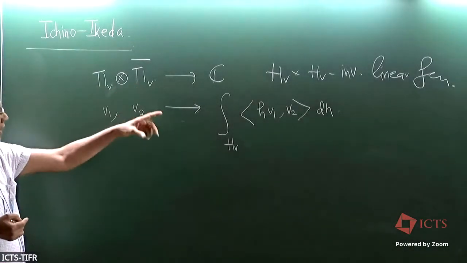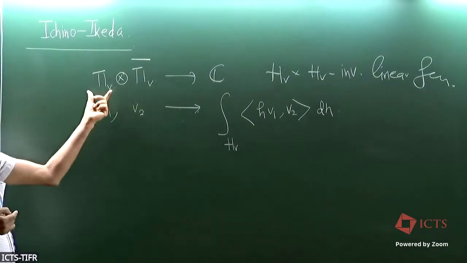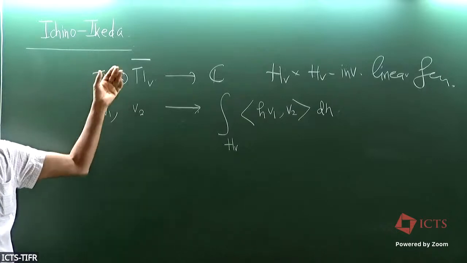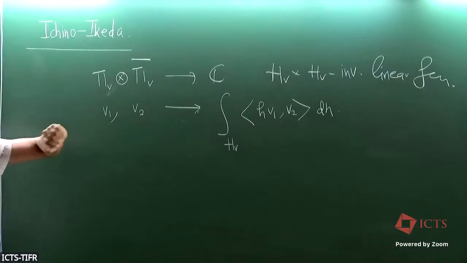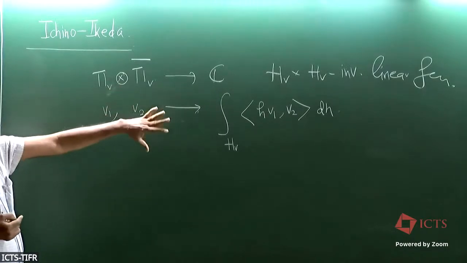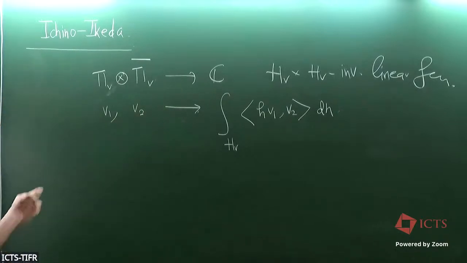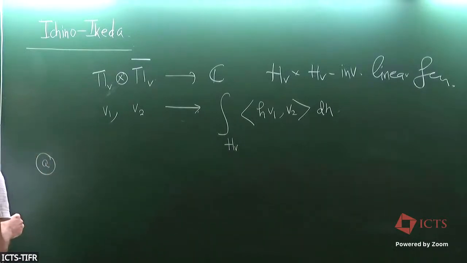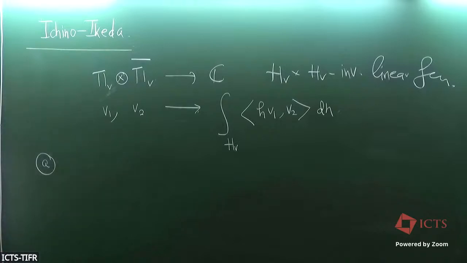So that HV cross HV invariant form, if it is to be non-zero, then this pi v must carry an HV invariant form. But the converse is not obvious. This would be obvious in the context of finite groups where there is complete reducibility and so on. So there are two quite non-obvious theorems which are brought to bear on this linear form.